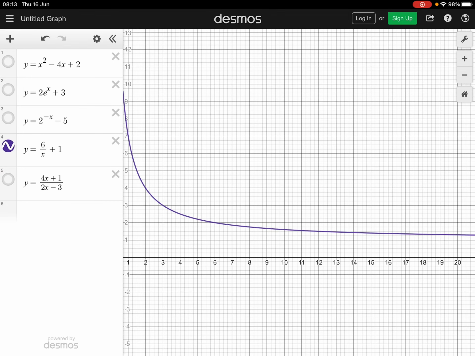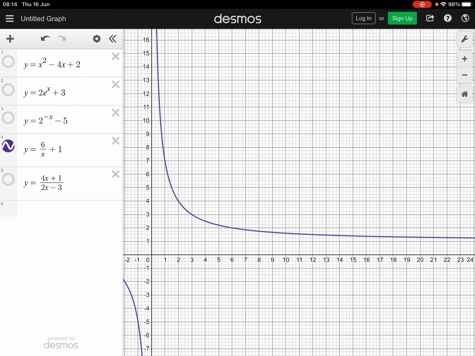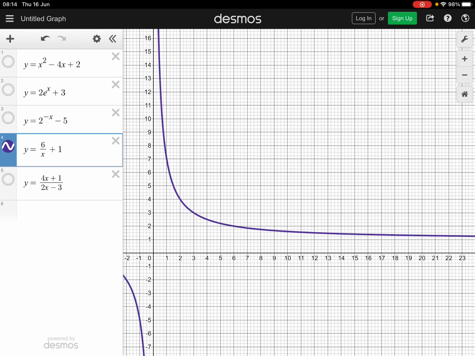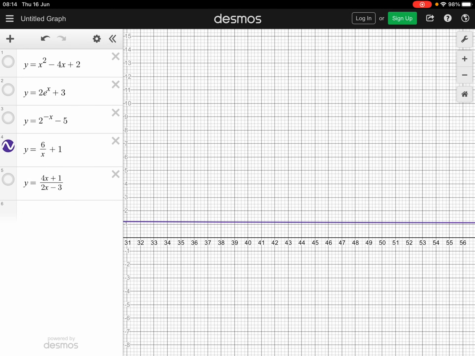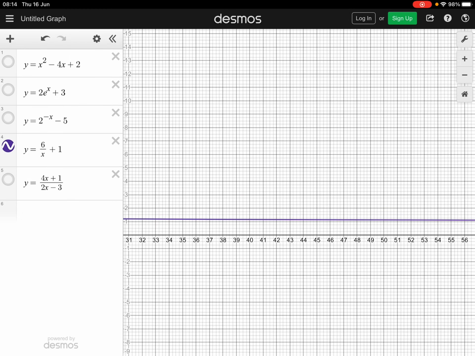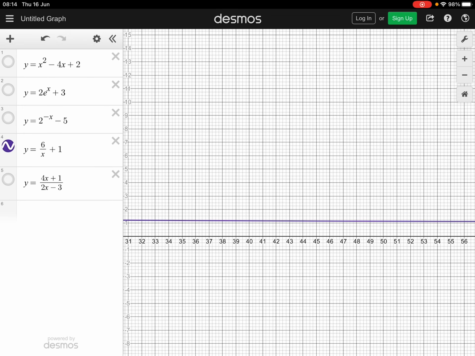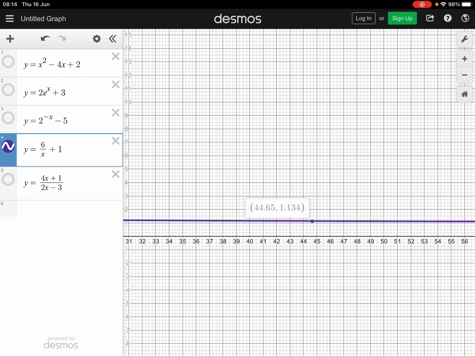Let me just zoom out a little bit. Yes, here's 2, 1.9, 1.8, 1.7, 1.6, 1.5, 1.4, 1.3, 1.2, and yeah, it's tending towards that asymptote of 1. It's getting closer and closer to 1.